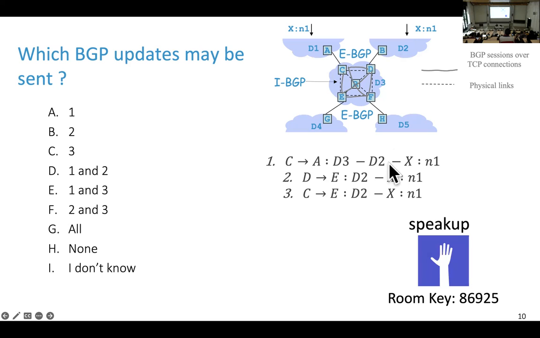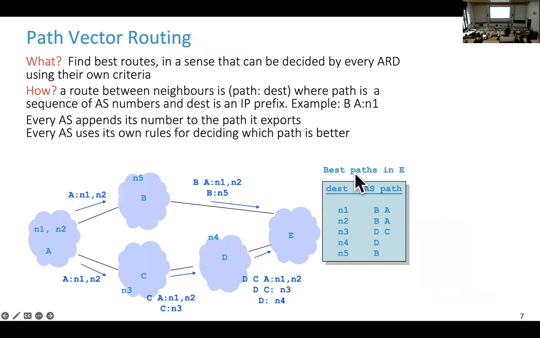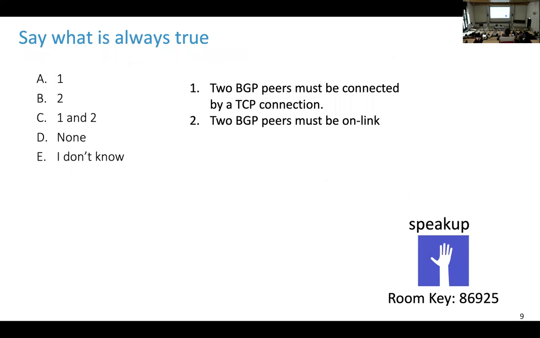It goes through D2, and over IBGP was sent to C, and C is now announcing it to other domains. That's exactly what we have seen here. We haven't seen who is sending such a notification, but that's the external announcement that we do. That's a primary role of BGP, to have global connectivity.